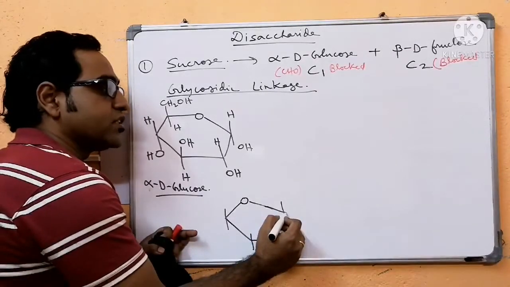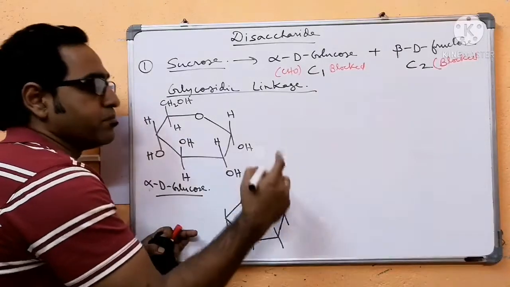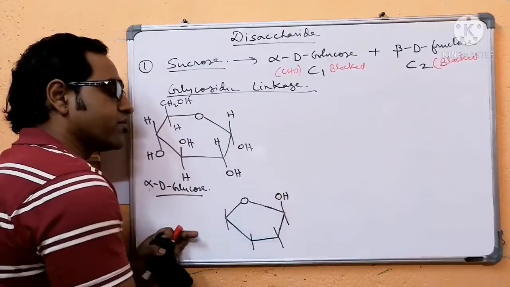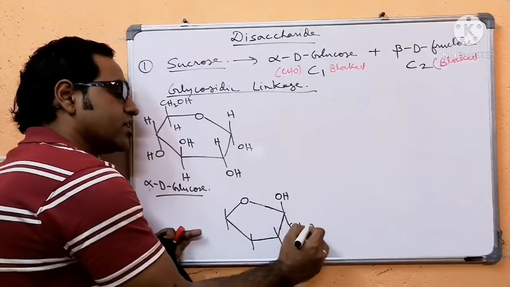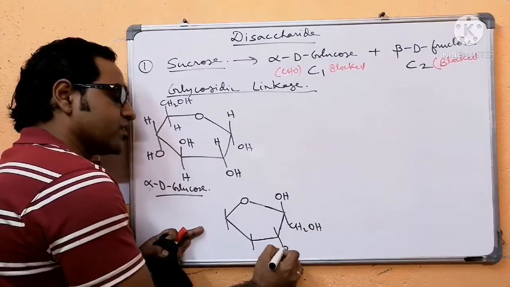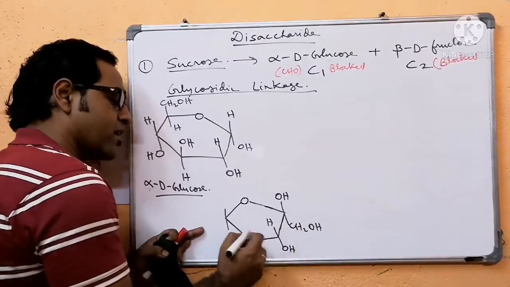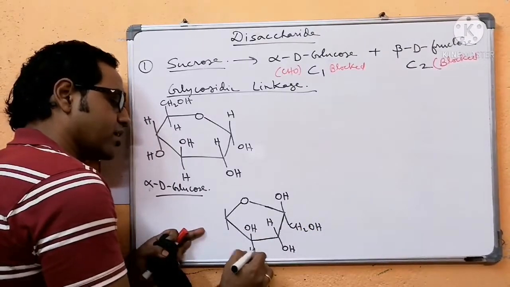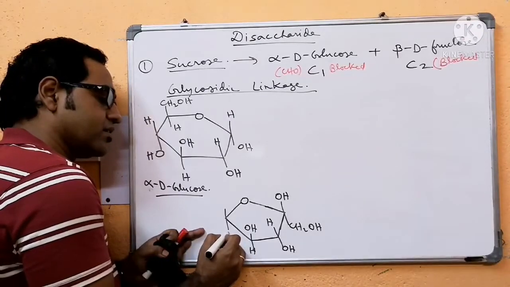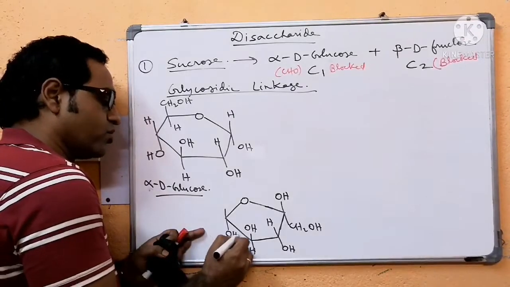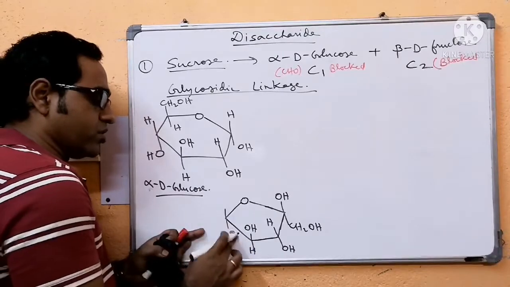This carbon is our C2 carbon, so it is beta, that means the OH is above, CH2OH below, this one OH below, this OH above, H above, this one is below.